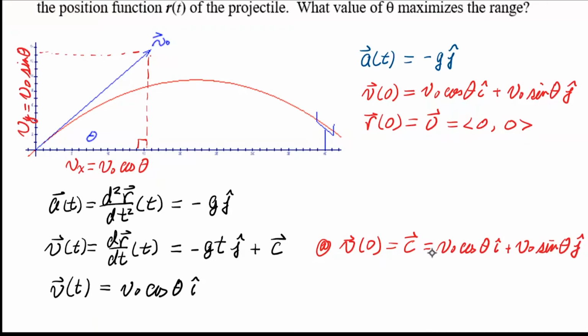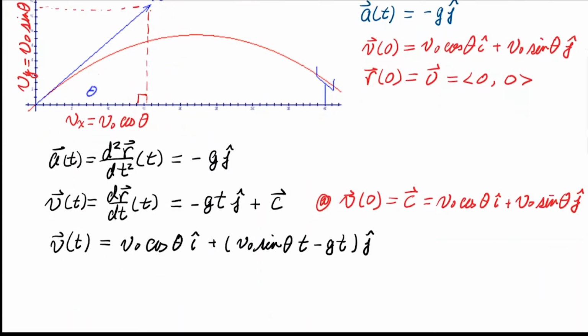The j terms are like terms, they behave just like variables. So we have v naught sine theta minus g t, j vector. Are you with me? This much? No confusion here? These are the velocity x component and velocity y component.